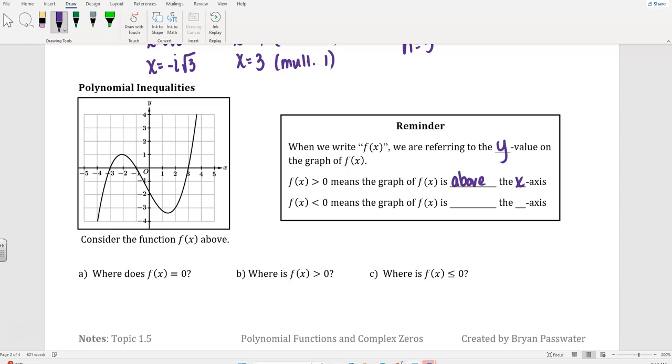They also might say f of x is positive. And then if f of x is less than 0, that means the y coordinates are below 0, so f of x is below the x-axis.